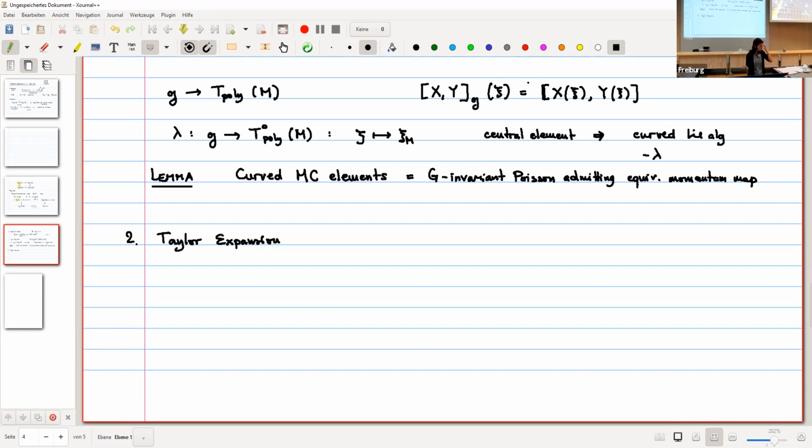Now we really have to assume, as I told you, M equals G cross G star. And as I told you, if the action is proper, this is not a strong assumption. You can always find an open neighborhood of C that somehow, yeah.